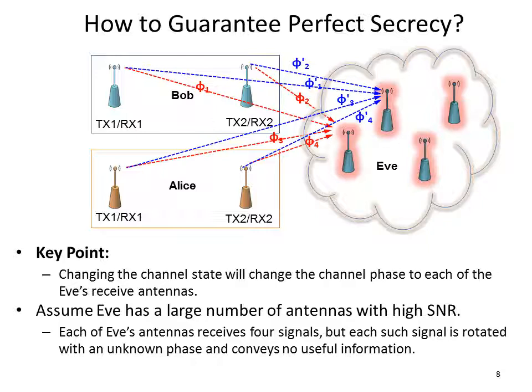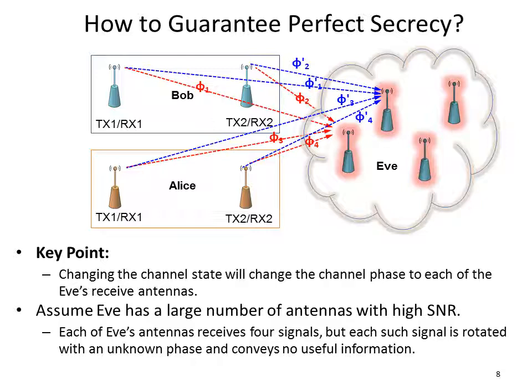For example, phi 1, phi 2, phi 3, phi 4, which are the phases from antennas TX1 and TX2 of Alice and TX1 and TX2 of Bob to this antenna of the eavesdropper, will change when we perturb the channel.